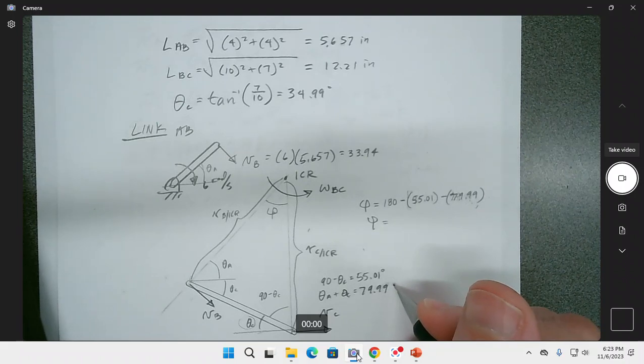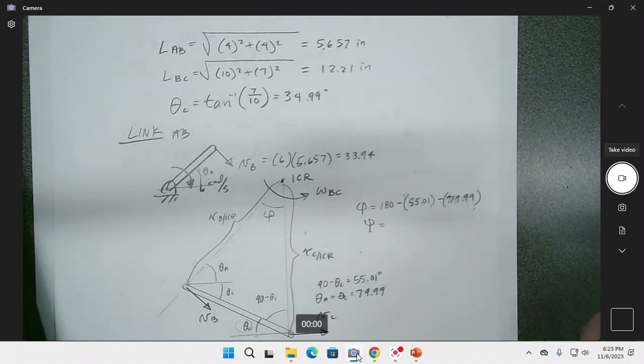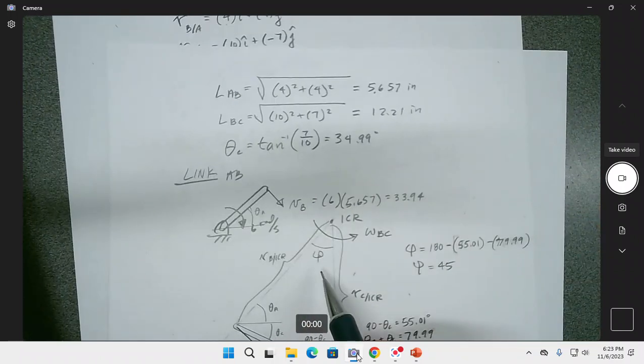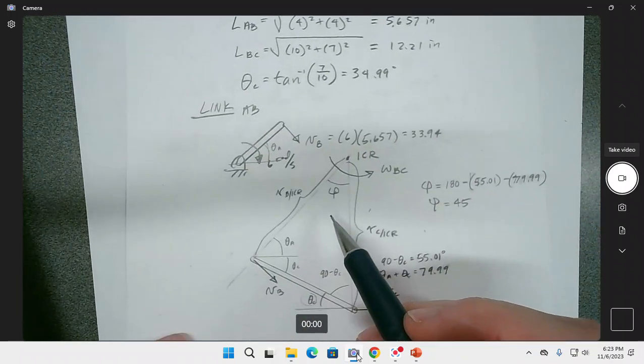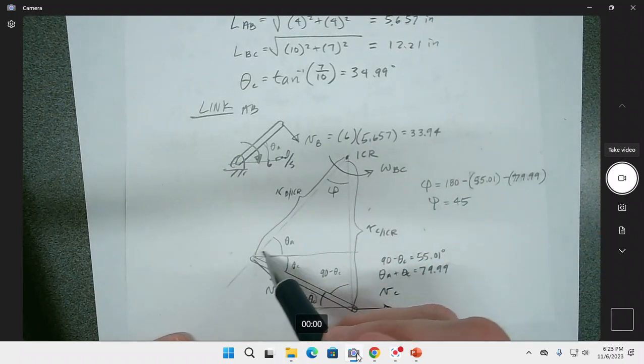Sure. And then 90 minus the 34.99. Okay. So this should be 45. Even if you look at this for a second, you could go, oh, that has to be 45, because that right there is a 45-degree triangle.